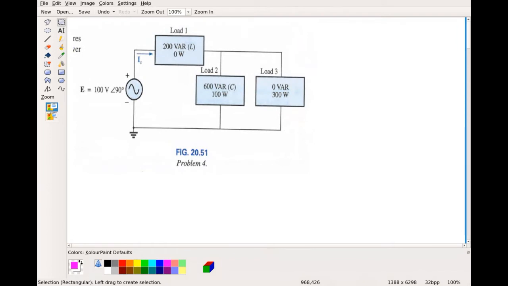So here is problem number 4. This problem is a series parallel sort of problem, but what they're giving us is the loads.